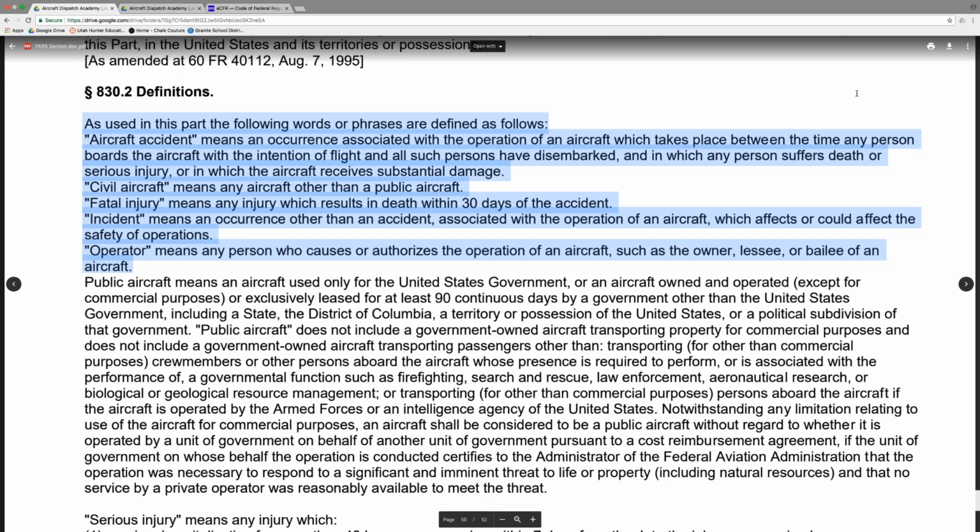Fatal injury means any injury which results in death within 30 days of the accident. Incident means an occurrence other than an accident associated with the operation of an aircraft which affects or could affect the safety of operations. Operator means any person who causes or authorizes the operation of an aircraft, such as the owner, lessee, or bailee of an aircraft.